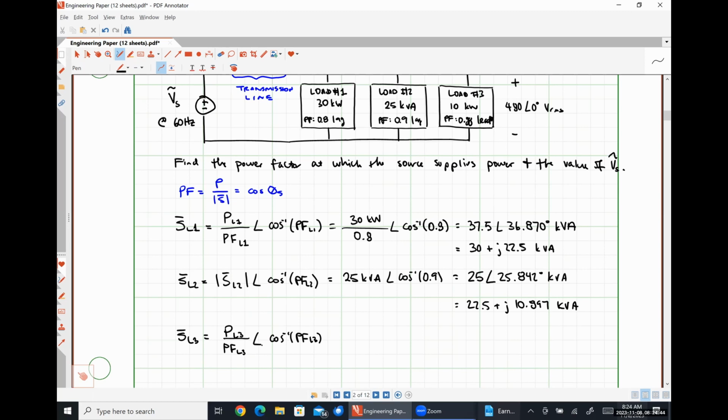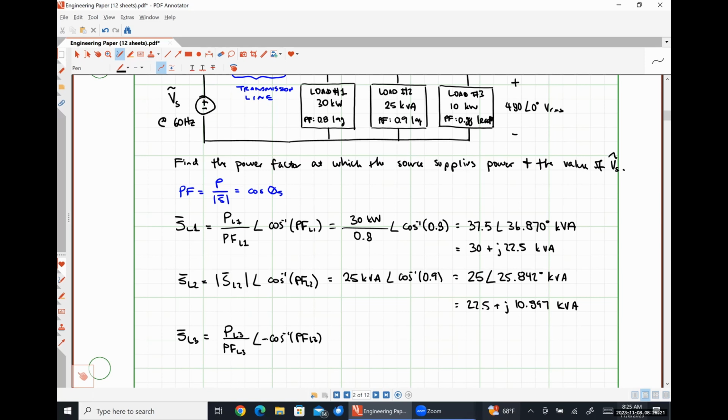Well, what do we know about the angle for a lagging power factor specifically? Positive, right? The inverse cosine function is always going to give us a positive angle. For load 3, we were explicitly told that our power factor is leading. So in order for us to get a negative angle out of this inverse cosine operation, we simply have to put a negative sign out front, and that'll take care of the fact that our power factor was leading.